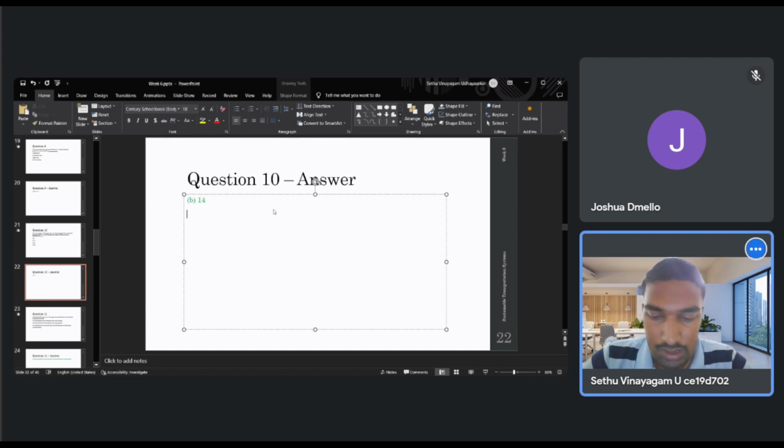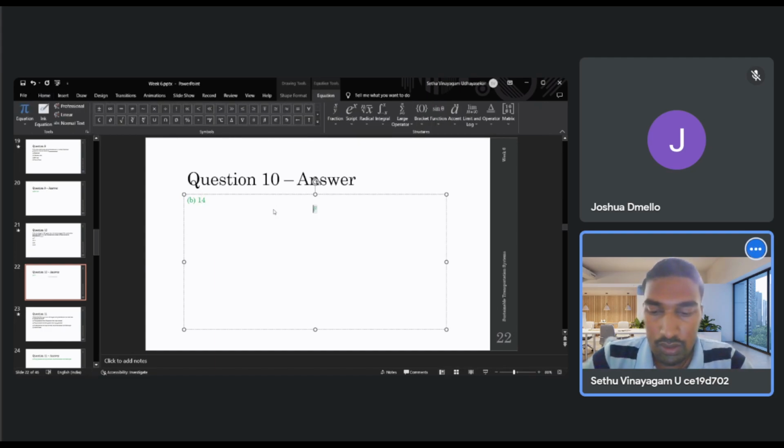So first, let's understand what is the floor area ratio, right? So the floor area ratio is nothing but the ratio of the total floor area constructed divided by the size of the plot or land on which the construction is done, right?